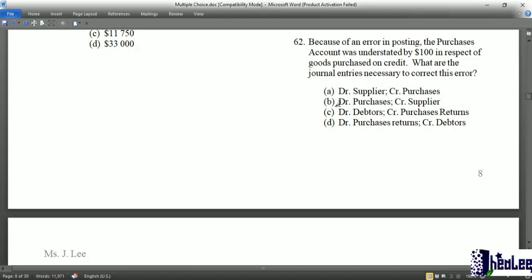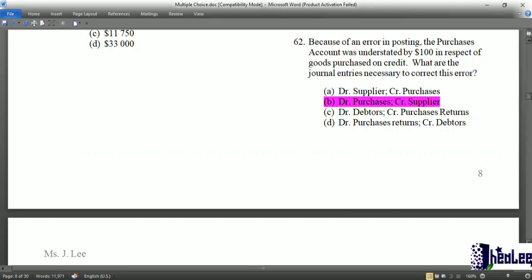Remember, once the account is understated, you're going to put that understated value on the original side of the entry. So in this case, we need to increase our purchases, and that is we debit our purchases and we are going to credit our suppliers account. So 62, there is B.